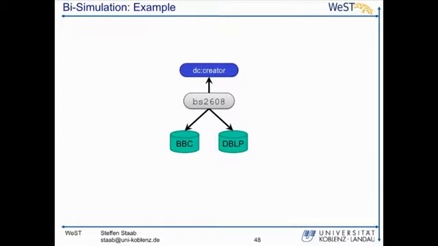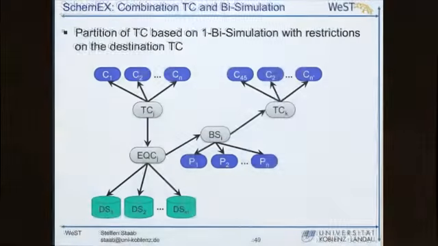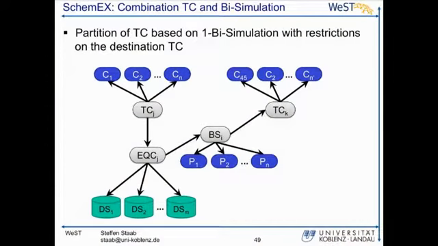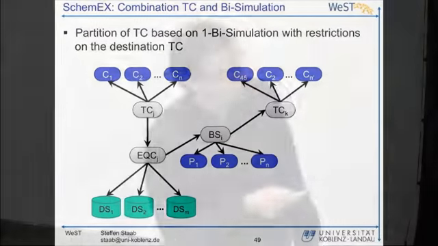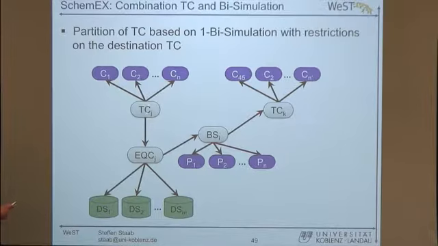For example, if you look at creator, then we would find that, for example, the BBC metadata, but also the DBLP metadata includes this creator property. And then we can combine this together with restrictions on the destination. So we say we have an equivalence class that's built by looking at a type cluster, like document and in proceedings, and a restriction according to one bisimulation, looking at the different properties, like creator. And that is restricted not to an arbitrary creator.